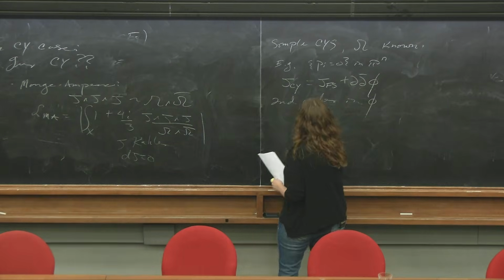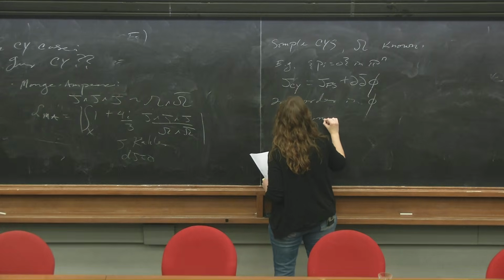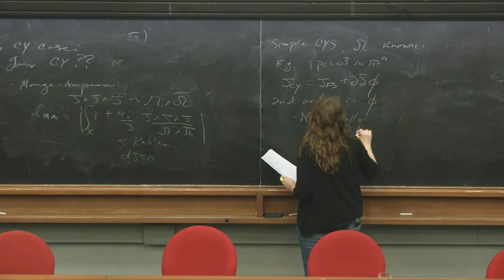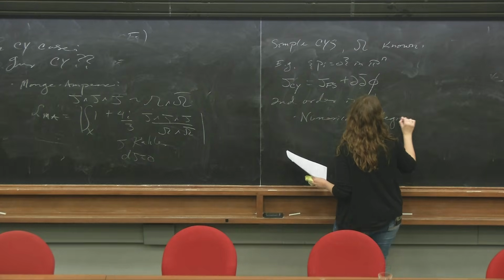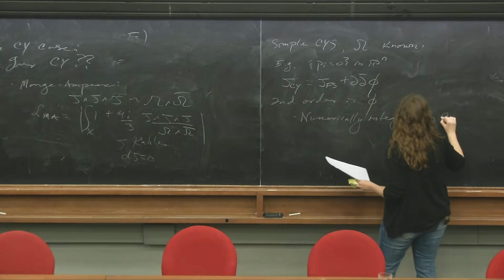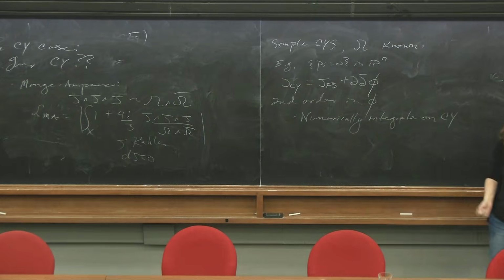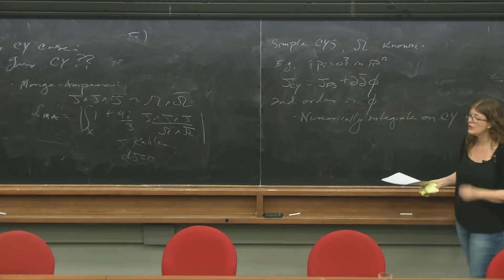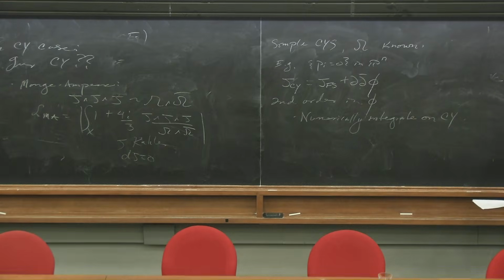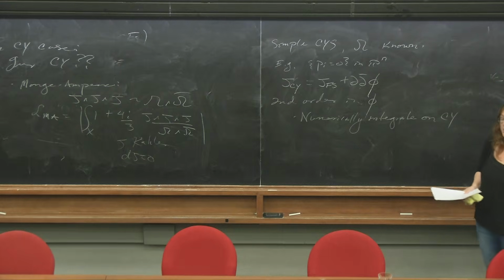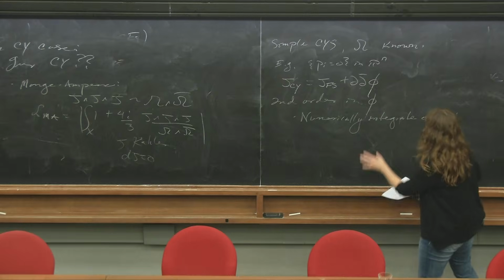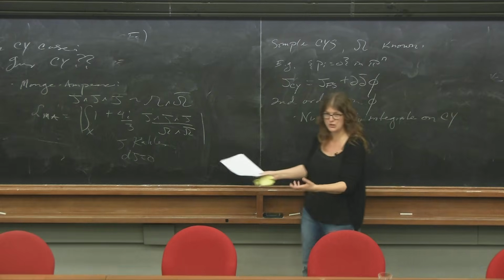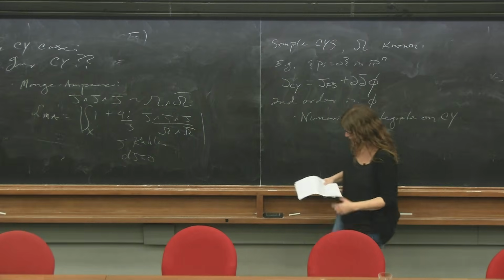In order for this to be your loss function, you need to be able to numerically integrate on the CY manifold, which means that you need some explicit description of that manifold. This is a reason why people, in starting to do this, as I'll talk about in a moment, have focused on the Calabi-Yau case, or simple SU(3) structures where you can really write an explicit manifold down. If you try and do this for some arbitrary manifold, you don't know how to even set up the loss function or integration problem because you need something to explicitly evaluate.